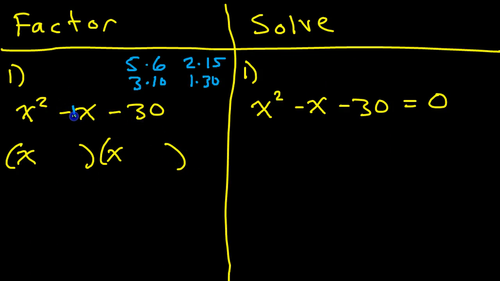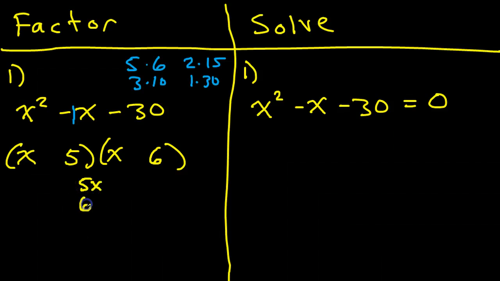Now, keeping in mind that the inner plus the outer must equal the middle, I would look for which one of these pairs can help me get -1. And so with that in mind, I'm liking the 5 times 6 option, because 6 minus 5 is 1. So let's do that. Inner, we had 5x.